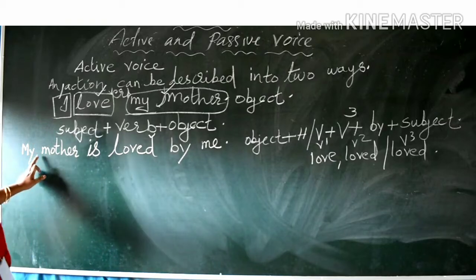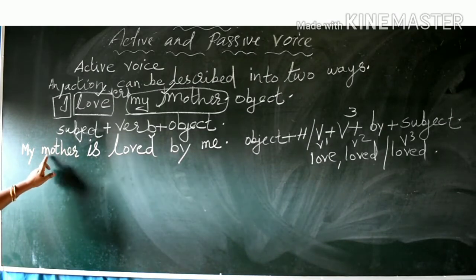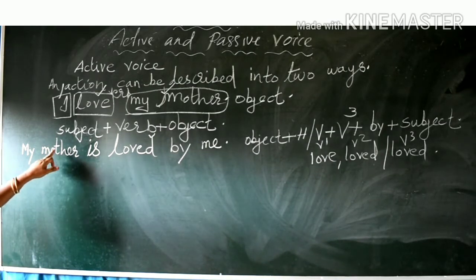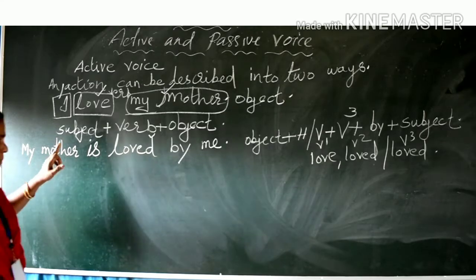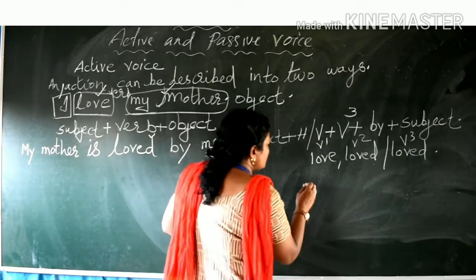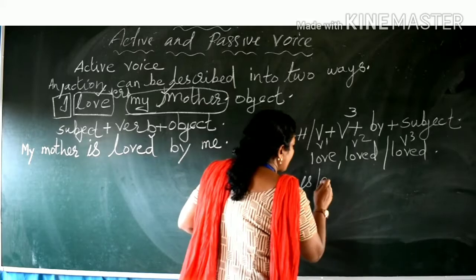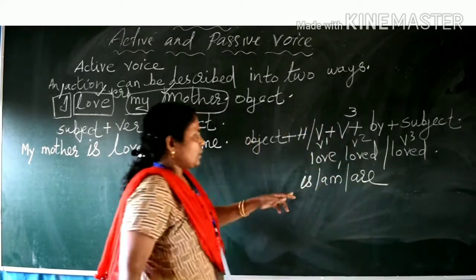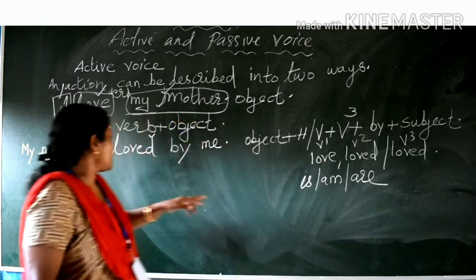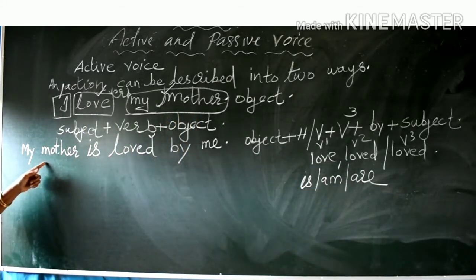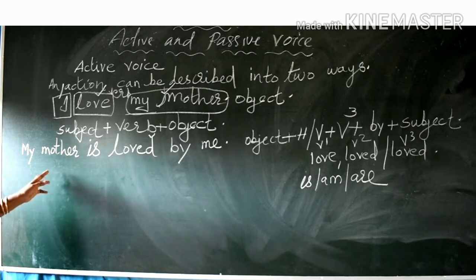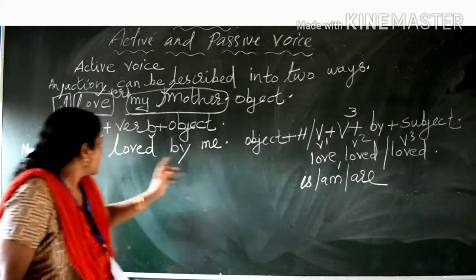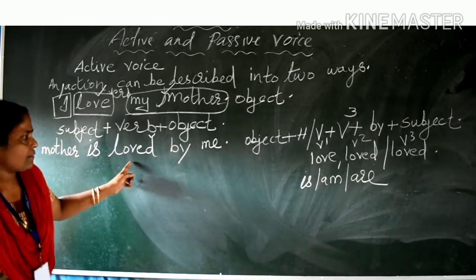Object comes first. After that, if the object is singular, in the present tense we use is, am, are. Out of these one will be used. Here you see, my mother is singular, only one person. So is used. My mother is loved.